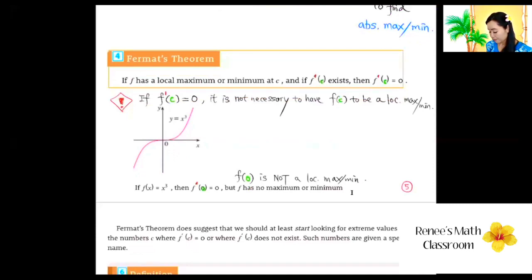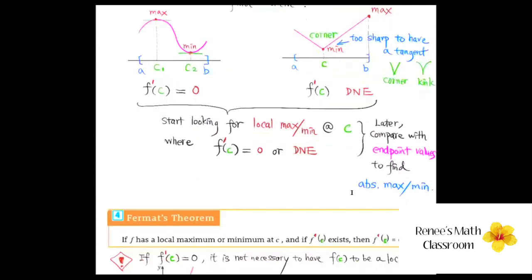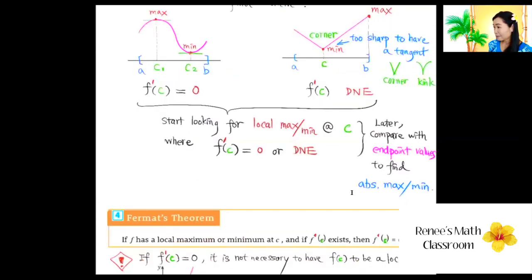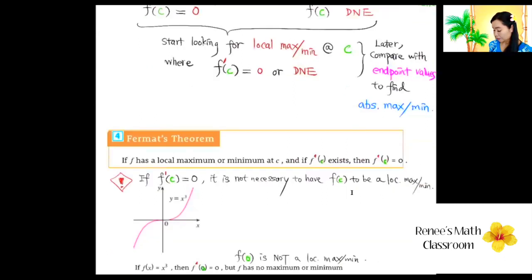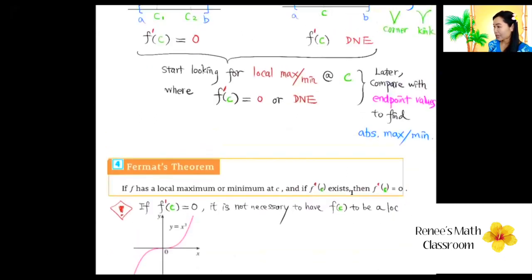It says that if a function has a local max or local min at c, and if the derivative at c exists, then the derivative will be equal to 0. So if it's a local max or local min, that means either the derivative will equal 0 or the derivative does not exist. Those are the possible places for local max and local min.